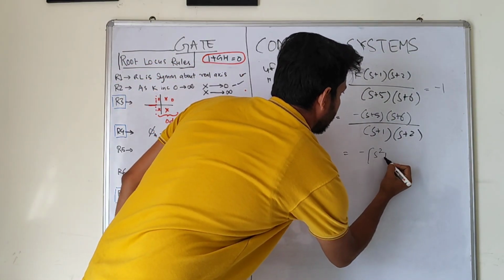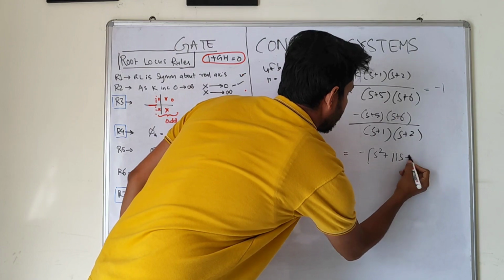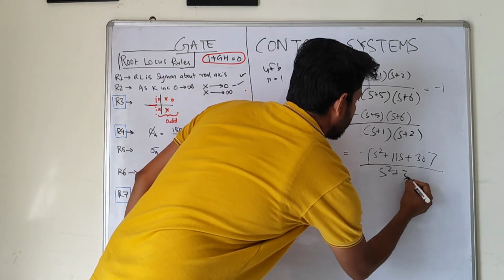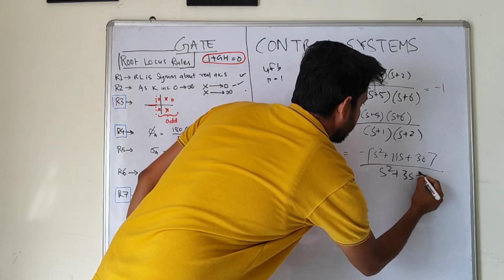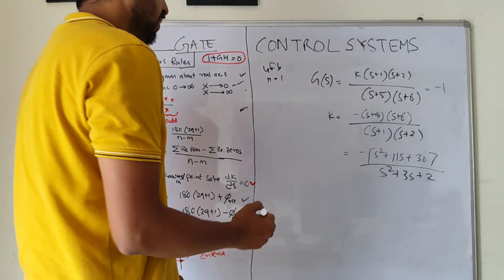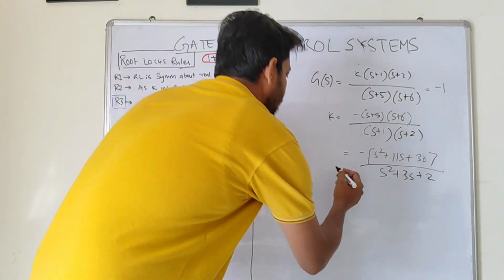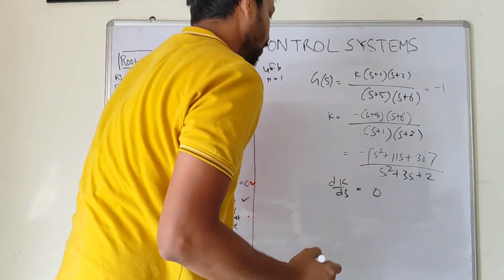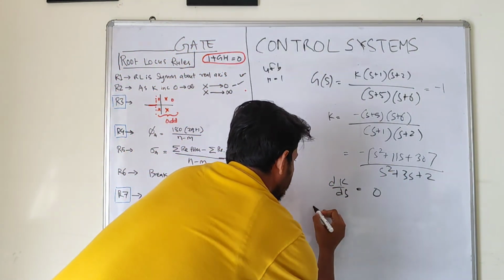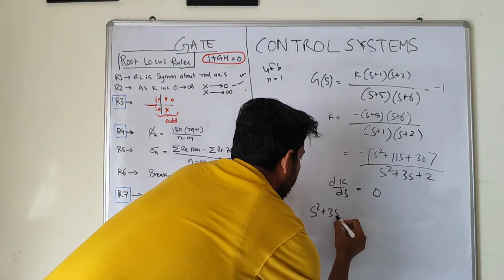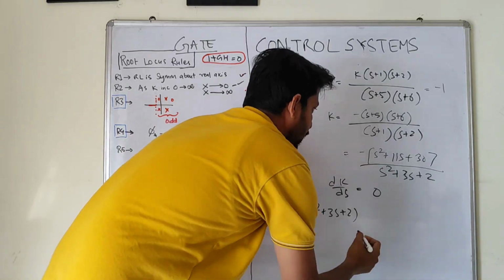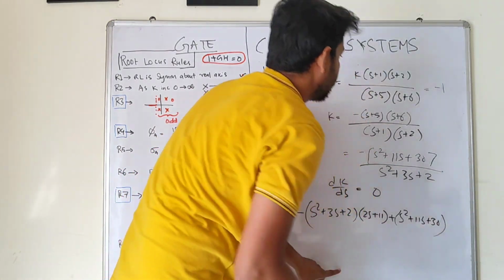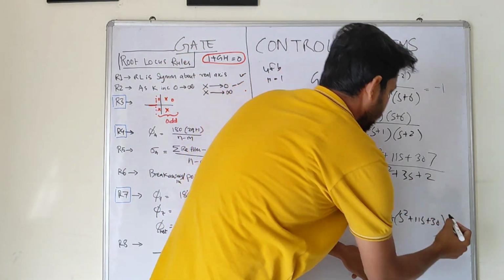Minus (s square plus 11s plus 30) divided by (s square plus 3s plus 2), right? And if you find dK/ds equal to 0, you will get (s square plus 3s plus 2)(2s plus 11) minus (s square plus 11s plus 30)(2s plus 3).